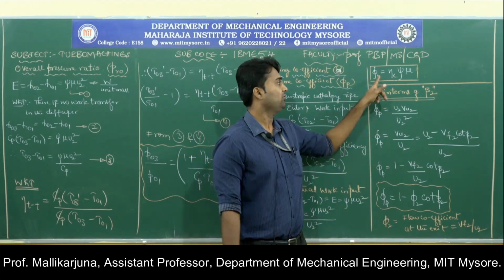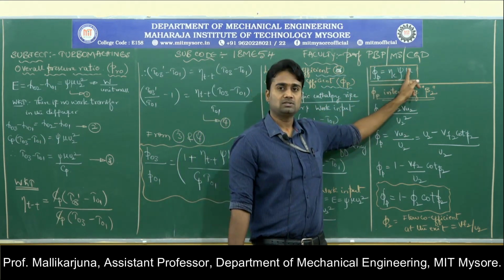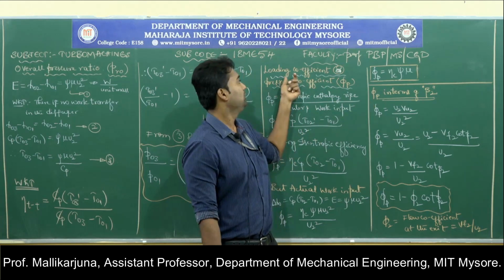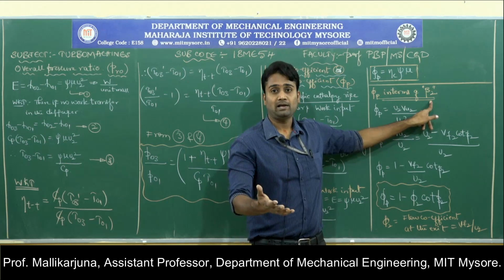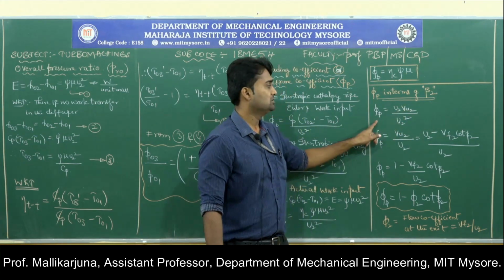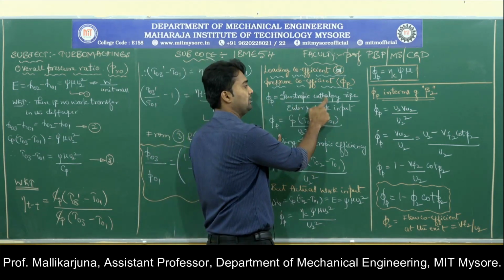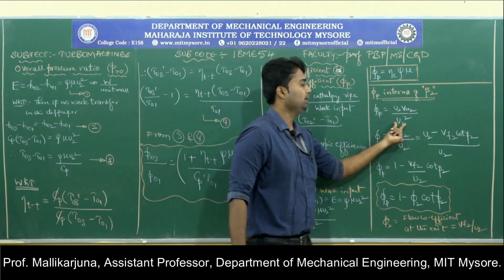One such equation for phi p, the pressure coefficient, is this. In the next stage we can express phi p, the loading coefficient or pressure coefficient, in terms of the exit blade angle beta 2 also. Please look here, I have the equation for phi p. Phi p is the isentropic enthalpy rise, which is U2 VU2, Euler's work input, divided by U2 square.